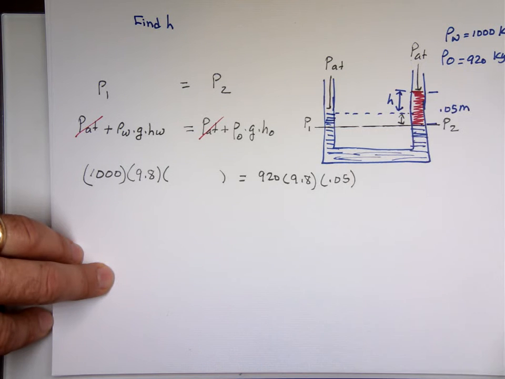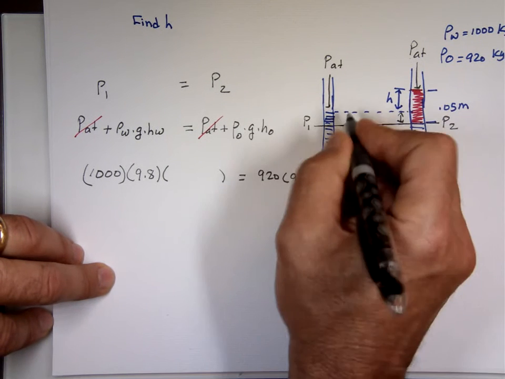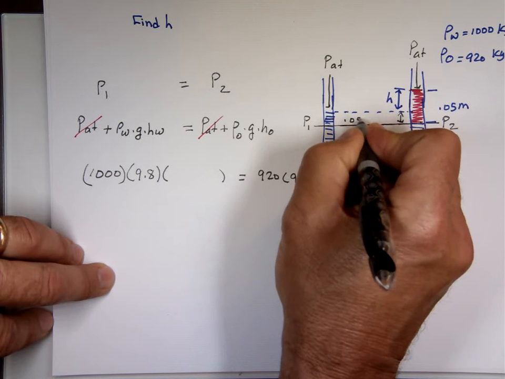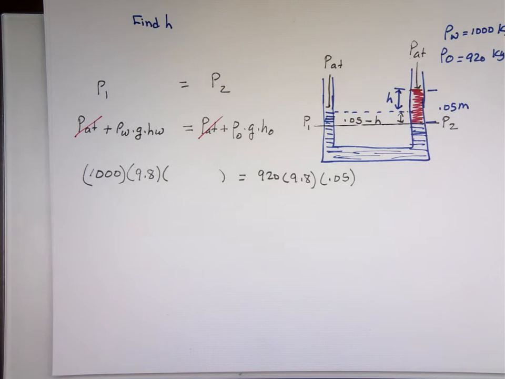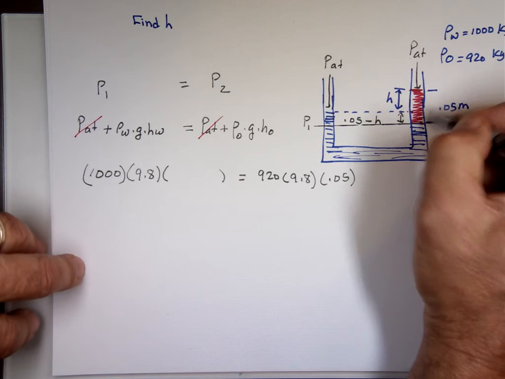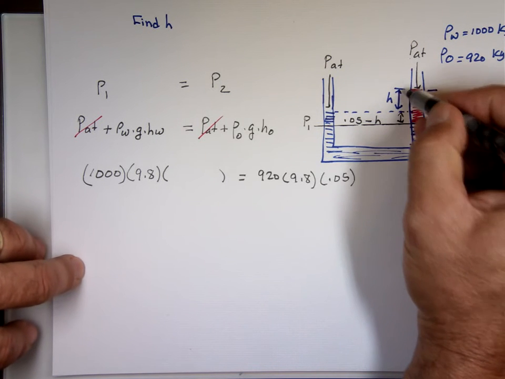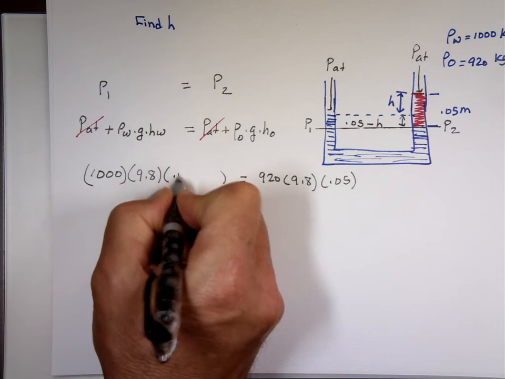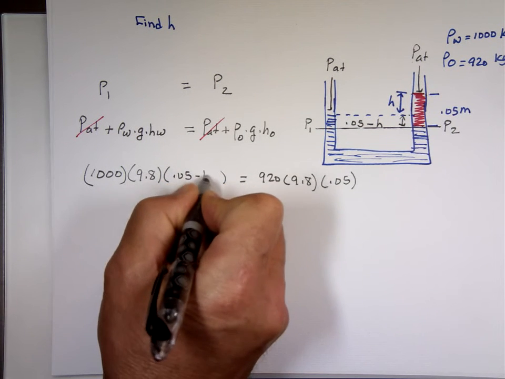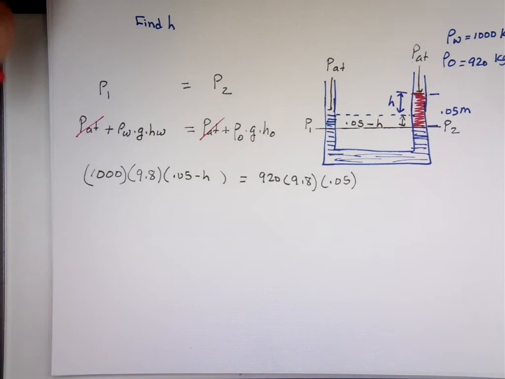So what is it? 0.05 minus h. The whole thing from here to there is 0.05. This is h, the difference between them. So let me put that here. How many unknowns do you see there now? Just one. Can we figure out what the height is?